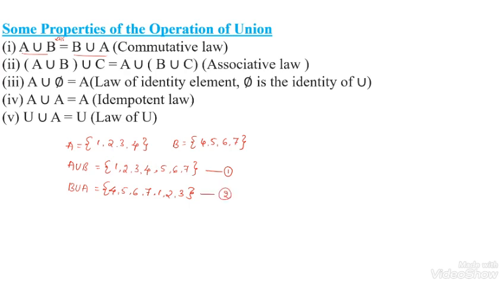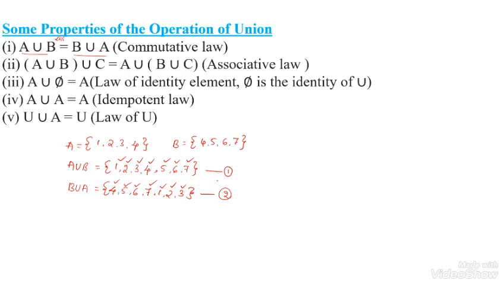We already know the concept of equal sets. Based on the equal set concept, I will check whether equation 1 and 2 are equal or not. Here there is an element 1, here also 1; 2, 2; 3, 3; 4, 4; 5, 5; 6, 6; 7, 7.